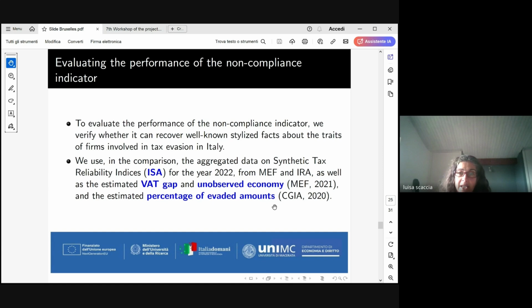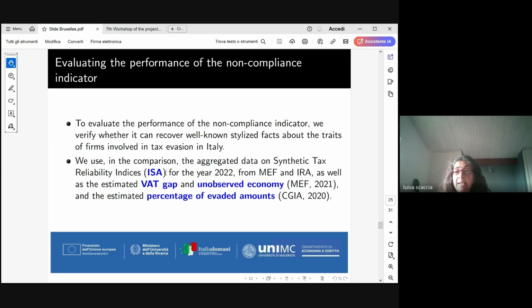They are sensitive data. So what we did is we aggregated data and tried to see whether aggregated data were able to reproduce some well-known stylized facts about tax evasion in Italy, and also compare our results with other well-known proxies for tax evasion, in particular with the synthetic tax reliability indexes, which are released by the Ministry of Economy and Finance in Italy.